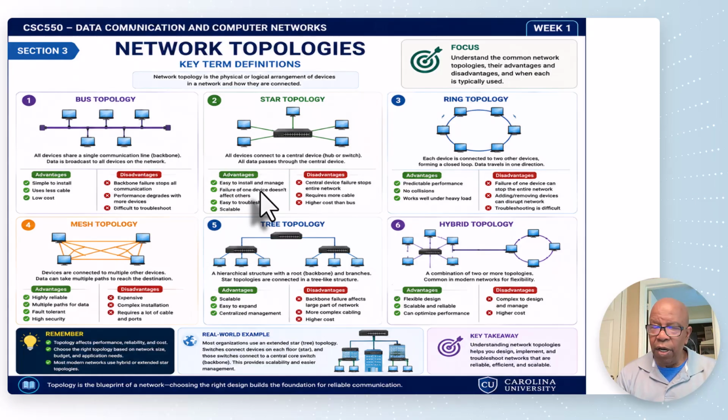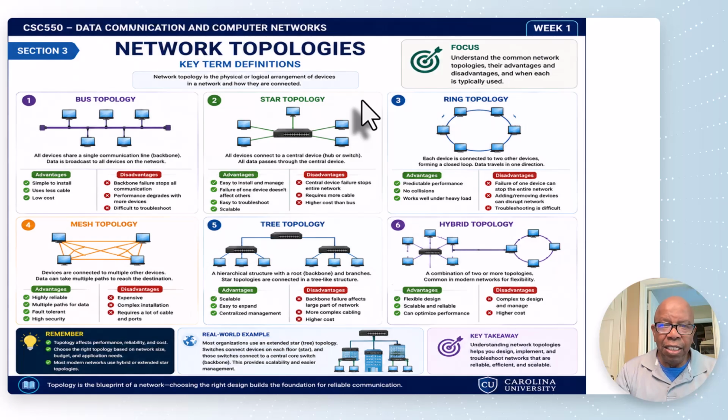Those are the various types that I can pick, and I'm going to use the term nodes, because a node is anything that's connected to the network. Each one of these things you see here is considered a node. They're showing laptops or computers, but anything I can connect to the network is a node.